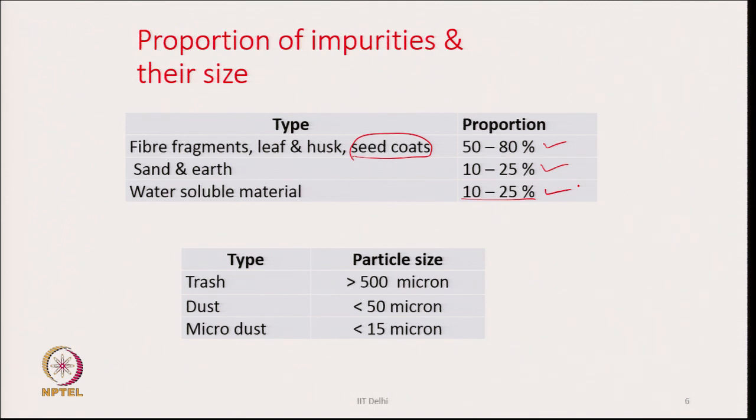The particle size: trash is nothing but leaf particles, husks, seed coats, sand, everything clubbed together is called trash. Their typical size is more than 500 micron, they are quite large in size. So, if we classify them according to size, then some of them are more than 500 micron, the dust is less than 50 micron and the micro dust is less than 15 micron.